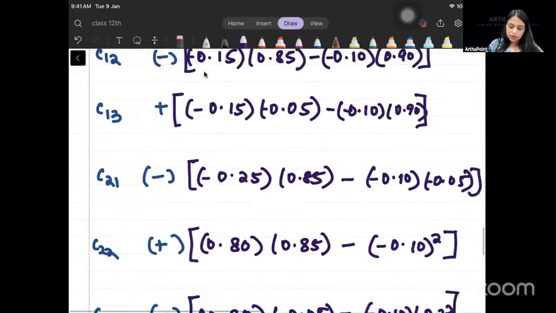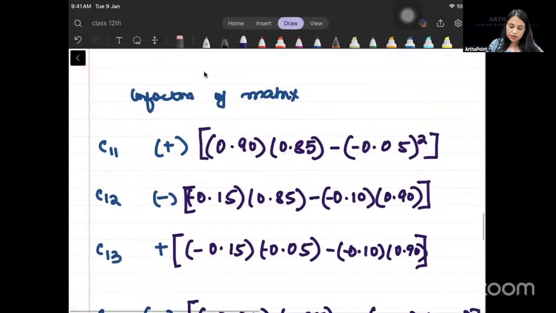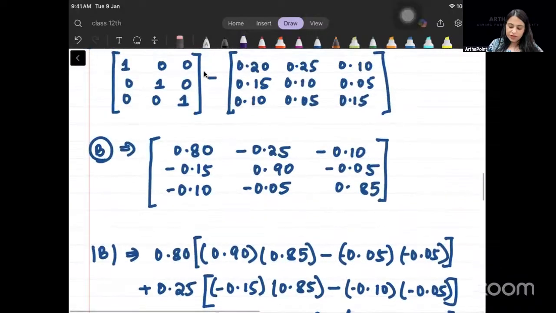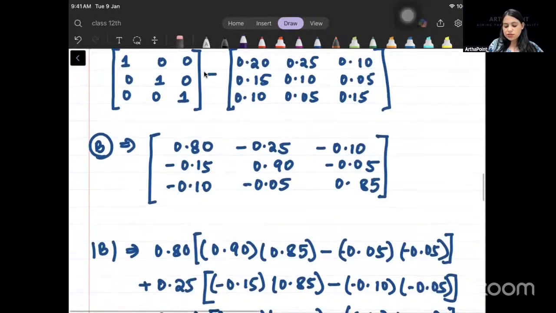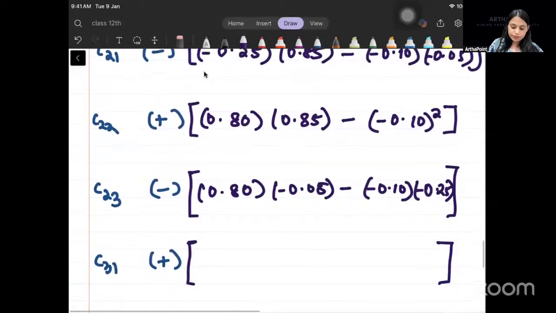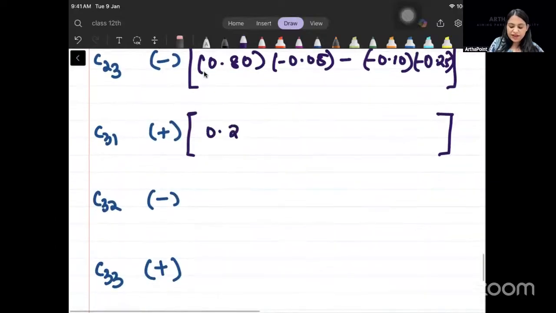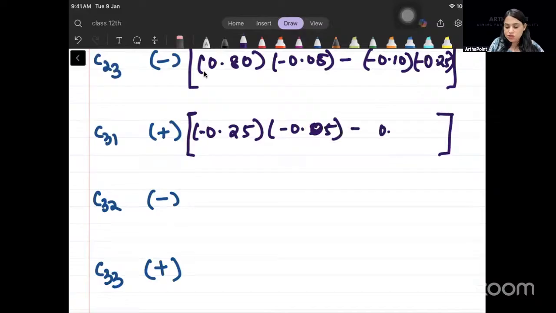Then C31. So C31 will be third row, first column gone. So 0.25 into 0.05 minus 0.90 into 0.01. So be very careful. These questions are not difficult, only lengthy. That's the only thing, right? थोड़ा सा sign जो देखना है वो बहुत जरूरी है, that we notice the sign.